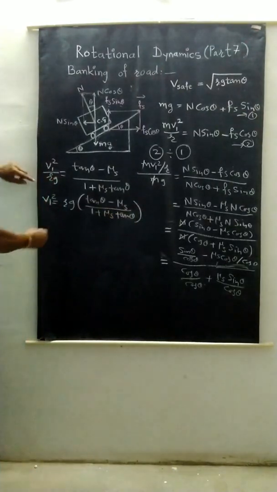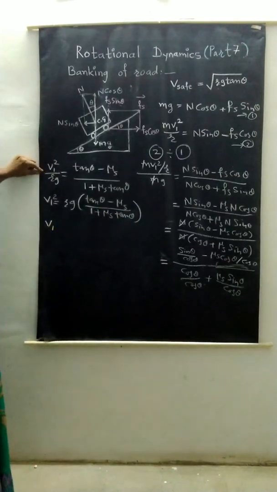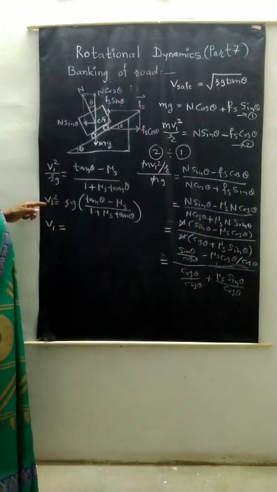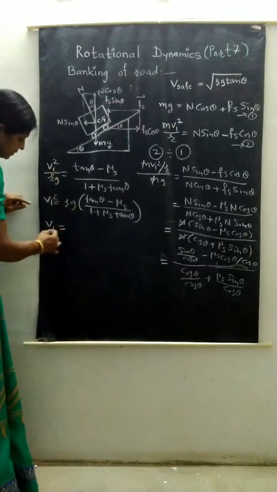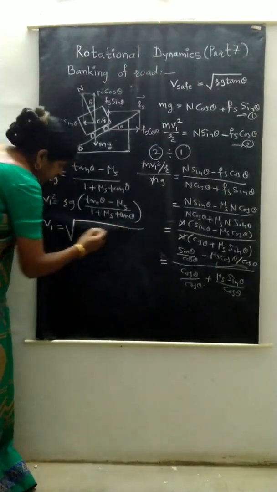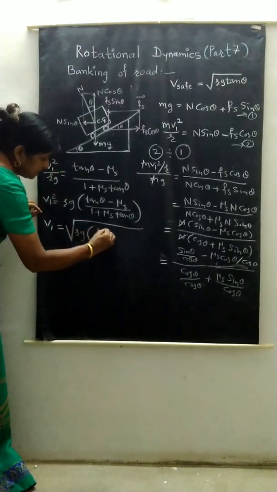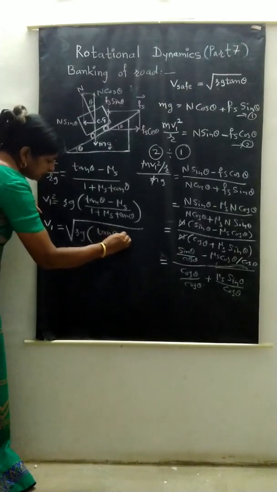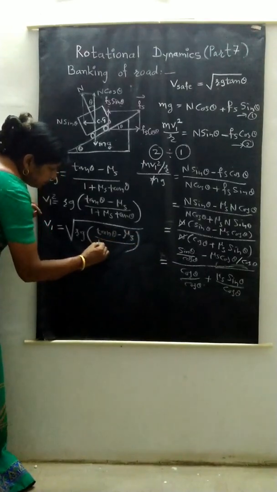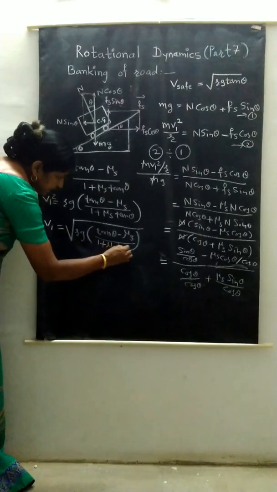Now in order to find out V1, that is the lower speed limit, let us write square root of this equation. V1 is equal to under root of rg in bracket tan theta minus mu s divided by 1 plus mu s tan theta.